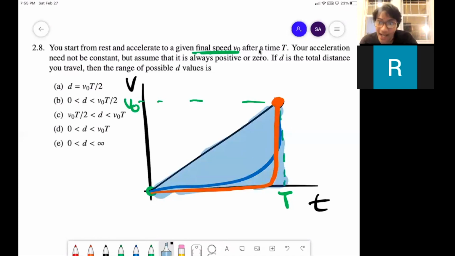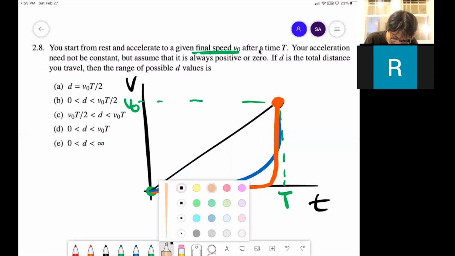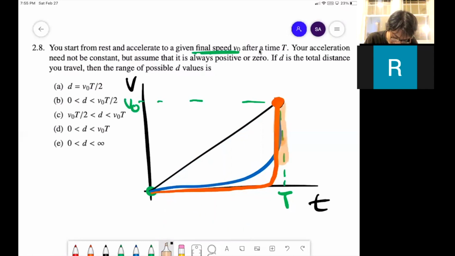That's half v t. But since we don't have to go at constant acceleration, check out that this distance, the area under the curve, we can minimize to an arbitrarily small number, so that you accelerate rapidly in the remaining quarters of your time, but for most of the trip, you're at rest. So that means the minimum amount of distance we can travel is 0.